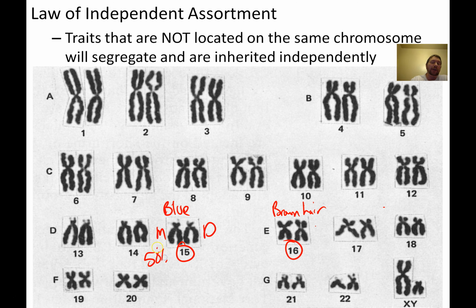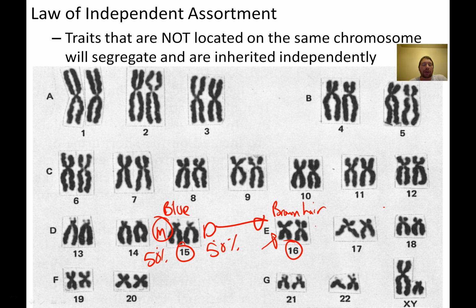50% of your gametes are going to receive the chromosome from mommy, 50% are going to receive the chromosome you got from daddy. That has no effect whatsoever on which version of chromosome 16 you pass on. So if you pass on your chromosome 15 you got from mommy, that doesn't make you more or less likely to pass on the chromosome 16 you got from mommy.